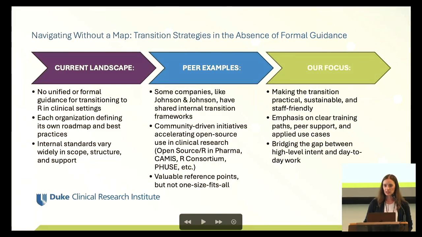There's some community work that has been essential, like Johnson and Johnson coming up with clear guidelines for how to implement and improve processes, and community initiatives like open source R and Pharma, or chemists that are developing tools to help with the transition.